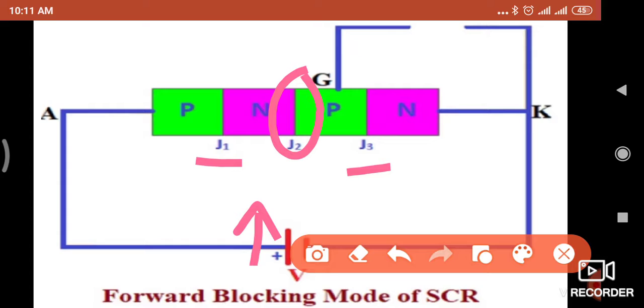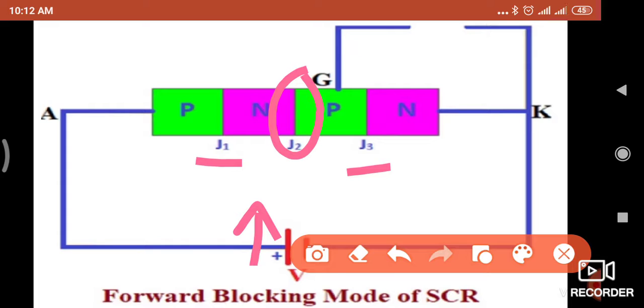So at a particular state, the J2 junction will be vanished. Because of this junction vanishing, the electrons are free to move from anode to cathode. This is one of the methods for triggering the SCR.